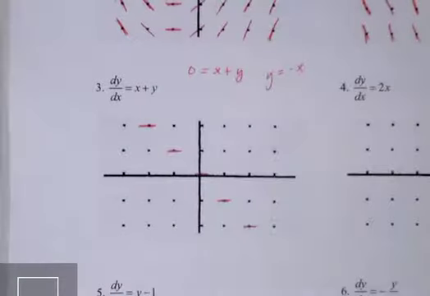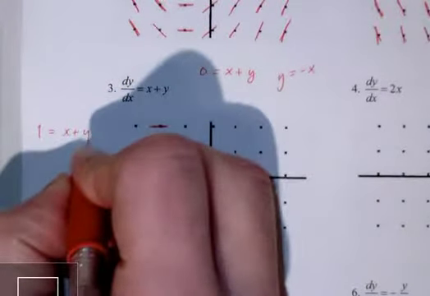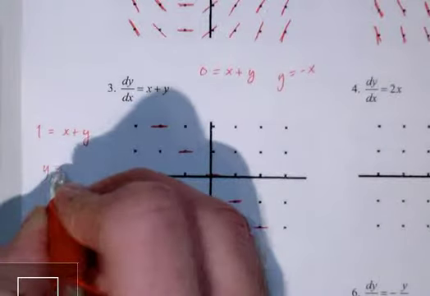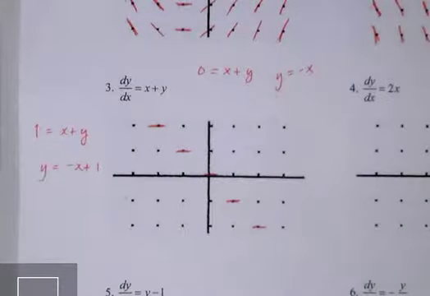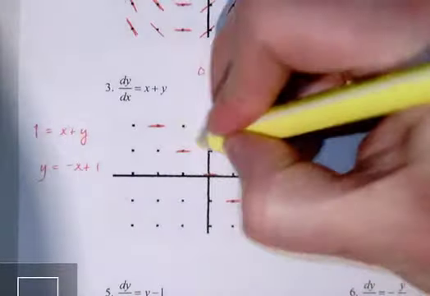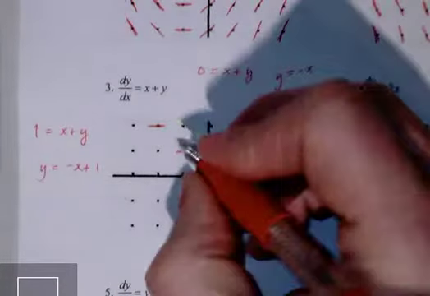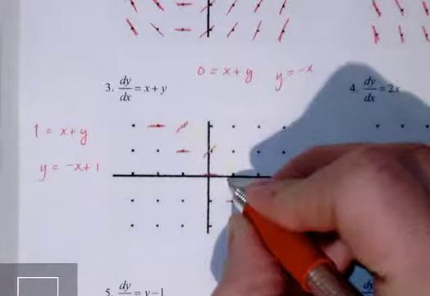Let's go over here in the margin, and let's say I want when is x plus y equal to 1? Well, isn't that when y is equal to 1 minus x, or -x plus 1? Okay, well, -x plus 1, if I look at that, is basically this right here, right? Right along there. And so I know that I'm going to get a slope of 1 at those points.